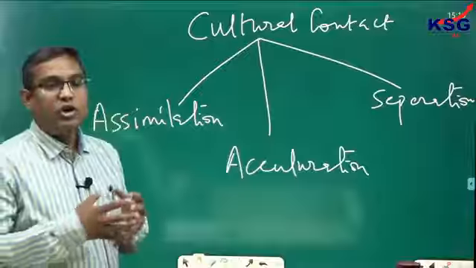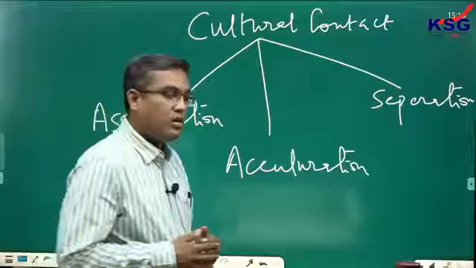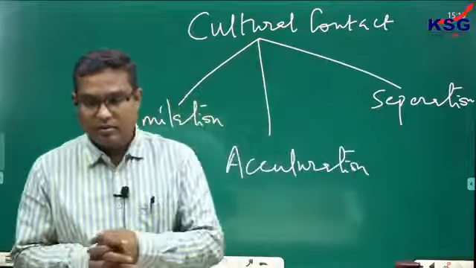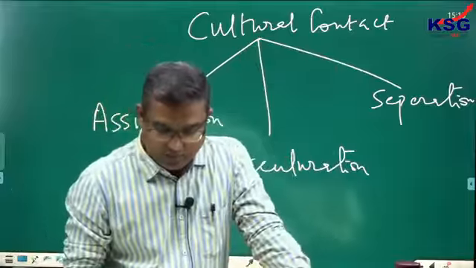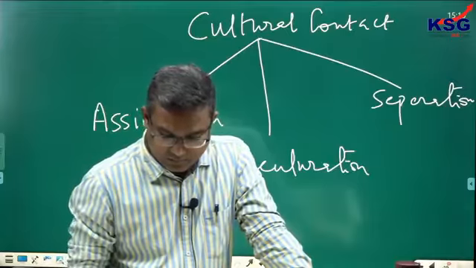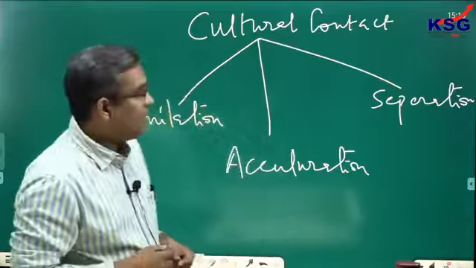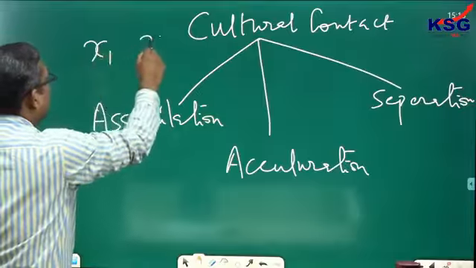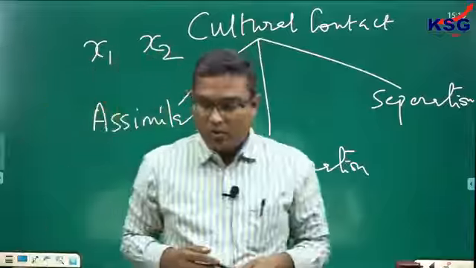Done? So when cultural contact happens, three conditions arise. One is called assimilation, one is called acculturation, and third is separation. Right? Write it down first. Assimilation: let us say there are two cultures, X1 culture and X2 culture.